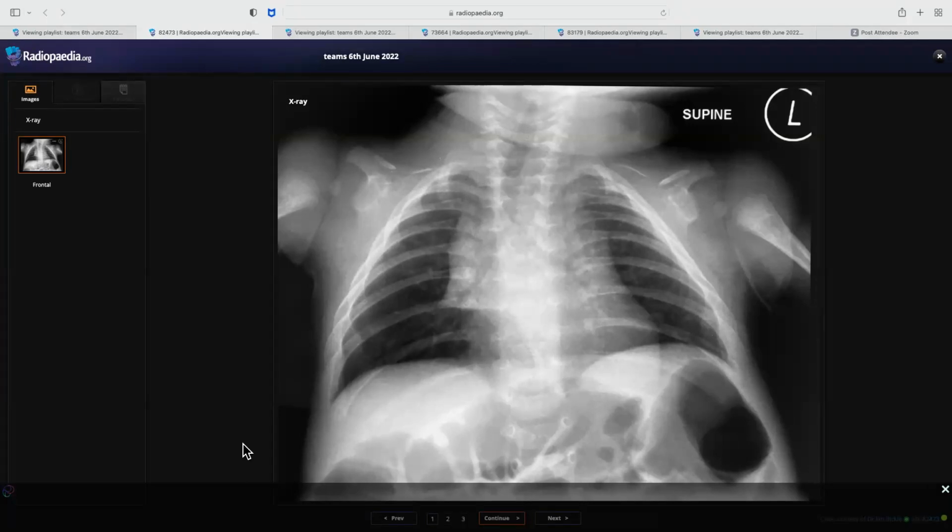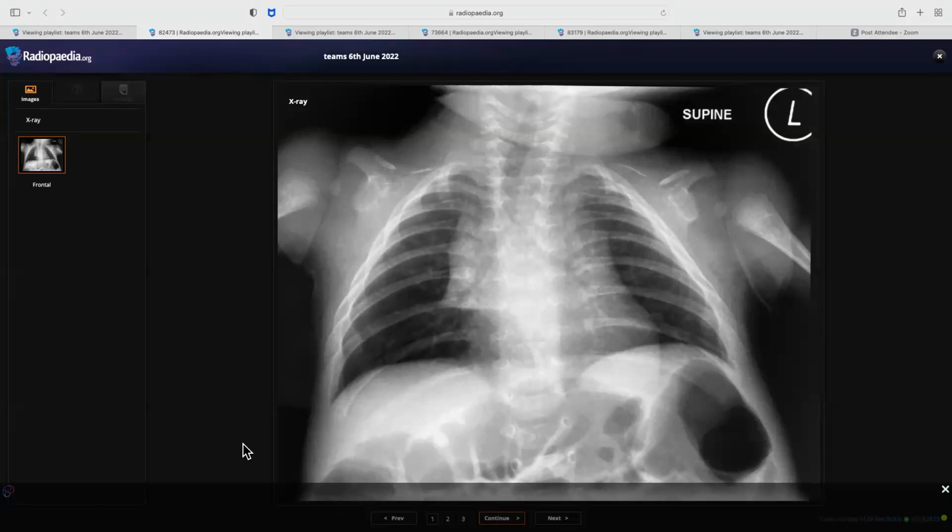The cardiomediastinal contour, the thymic shadow is a little prominent. I can see some lucencies projecting on the side of the thymic shadow and causing some uplifting of the thymus. I don't see any free air under the diaphragm.